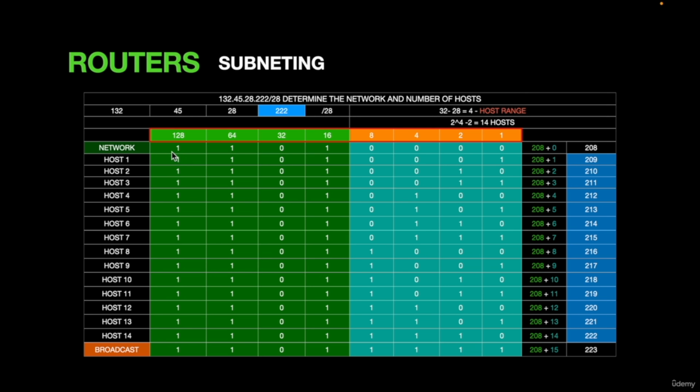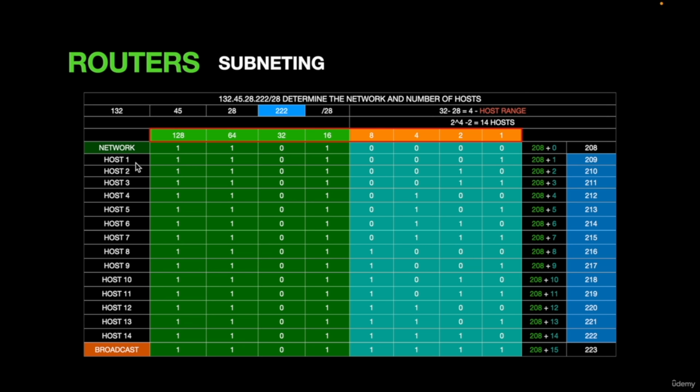So if we add 128 and 64, we'll get 192. But if we also add 32, we'll get 224, which is bigger than 222, which means this bit cannot be activated. But if we activate 16 and add 128 plus 64 plus 16, we will receive 208, which means that this is our network address. And keep in mind that in the previous slide I explained that in order to figure out the network address, all the host bits should be deactivated, or 0.